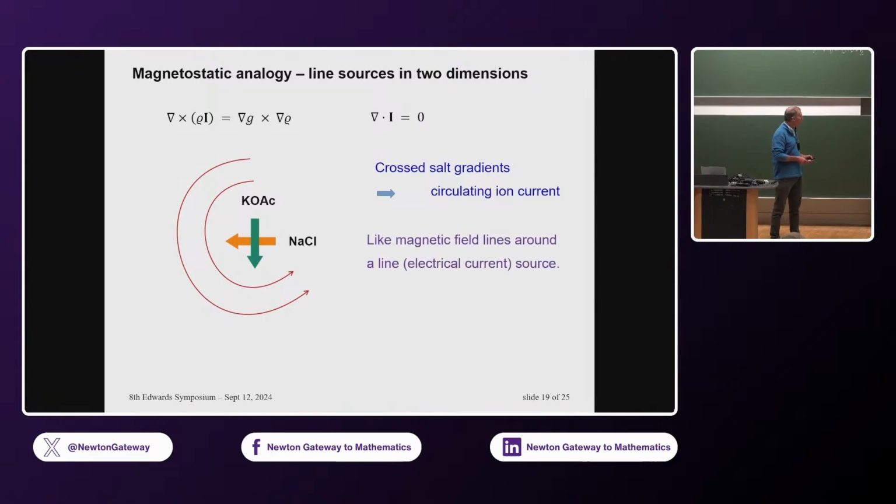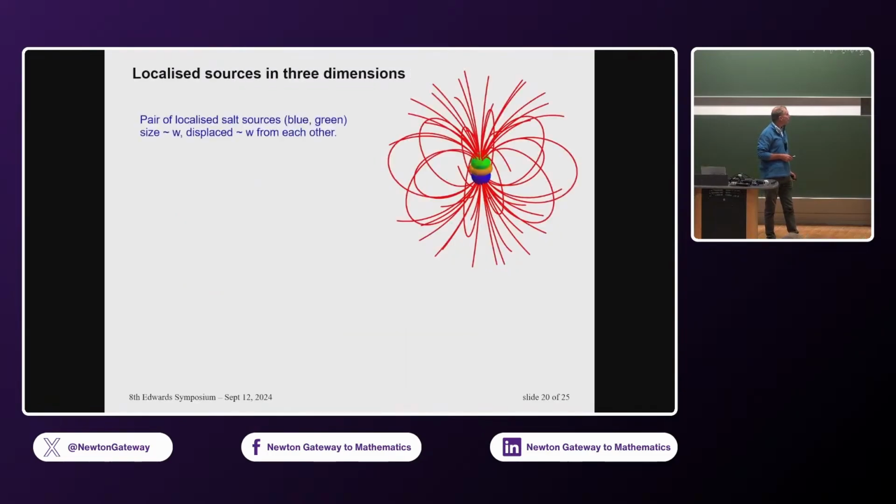And then what you should imagine is that that's like the electrical current in Ampere's law, so you can use the right-hand rule, for instance, if you get it the right way around, to say, well, okay, so there should be an ion current circulating around this region where the salt gradients cross, exactly like the way magnetic fields go around an electrical current source. And that's what drives this remote action at a distance diffusiophoresis.